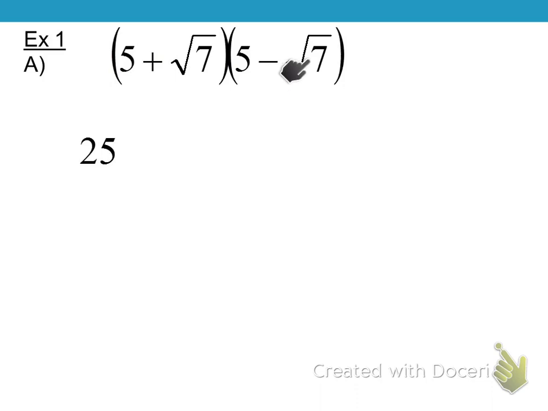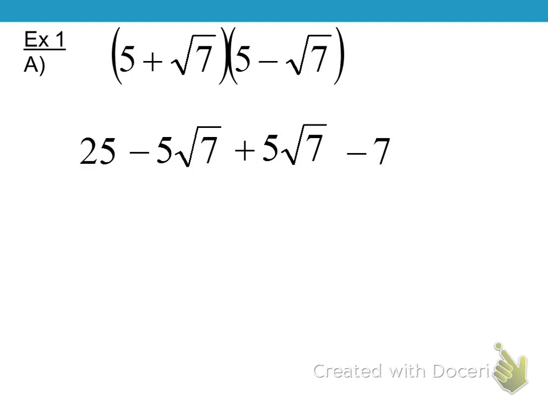Then I distribute the square root 7: positive square root 7 times 5 is plus 5 square root 7. And then in the back I get negative square root 49. And what's the square root of 49? 7. So you can just make it a regular 7.